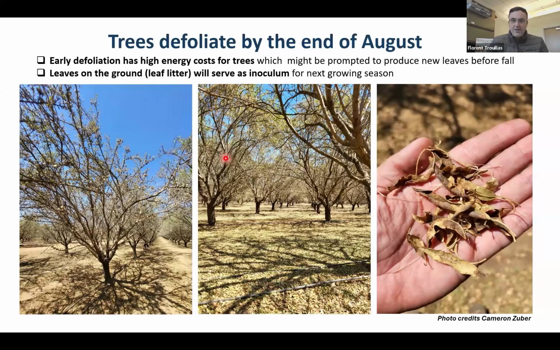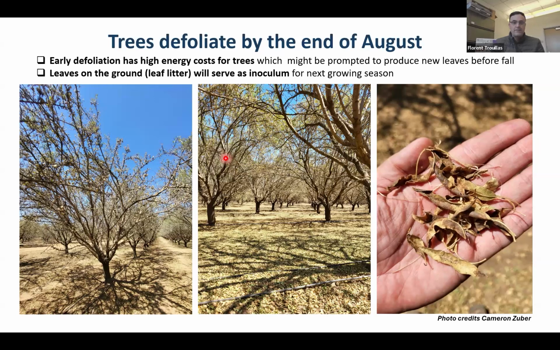Now we're moving a little later in the season. Some of the highest risk with red leaf blotch is early defoliation. So we're now towards August, getting close to harvest, and at this point, some of these almond trees have lost all their leaves. Early defoliation is a concern as the tree may try to push some new growth, and pushing new growth before the fall comes at a high energy cost for the tree.